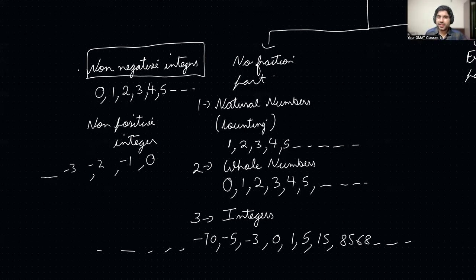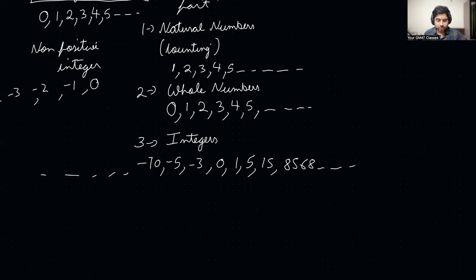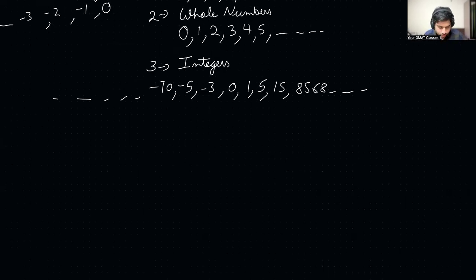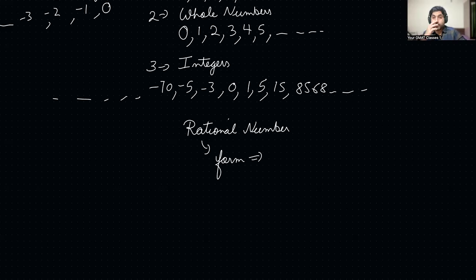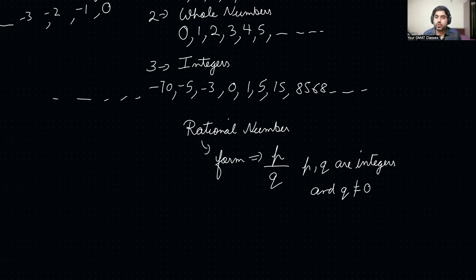Now, from this, I get the definition of the kind of number which is called a rational number. A rational number is the kind of number which can be written in the form of P upon Q, where both P and Q are integers and Q is not equal to 0.